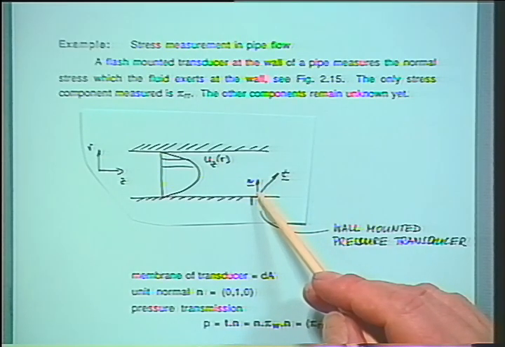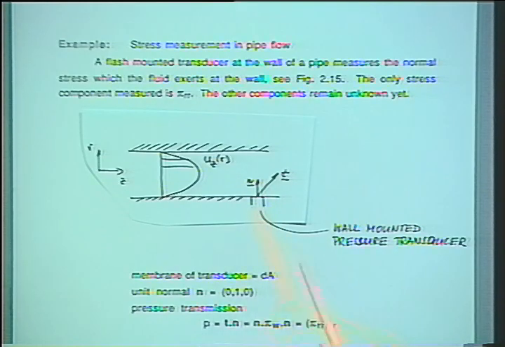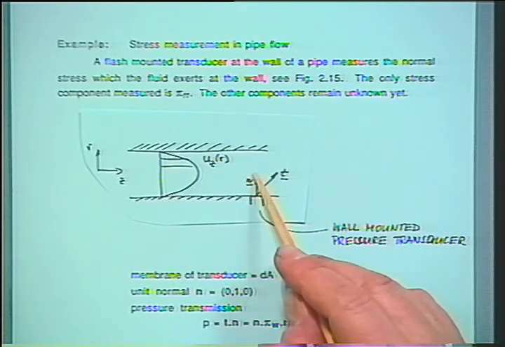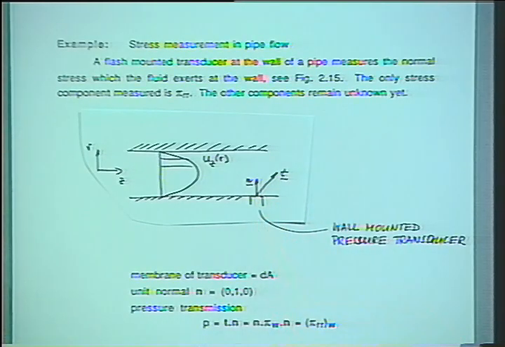We cannot transmit a shear force. A shear force on that membrane is supported by the frame of that transducer, but it's not being transmitted to the interior liquid. So only the normal component of the traction is being transmitted to the fluid in here, and we would call the transmitted quantity the pressure in that transducer.